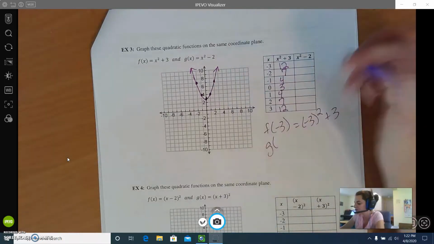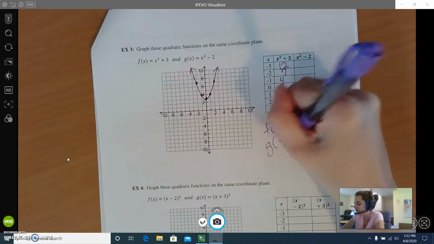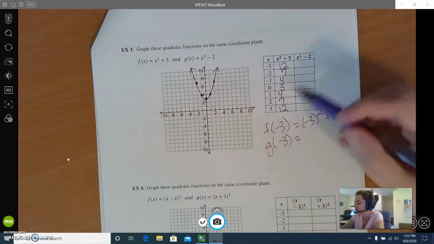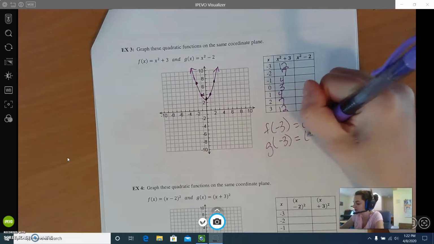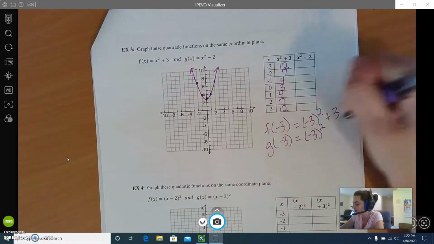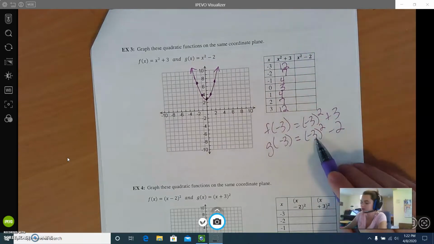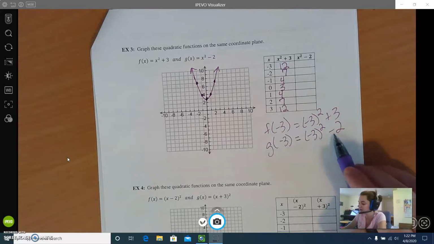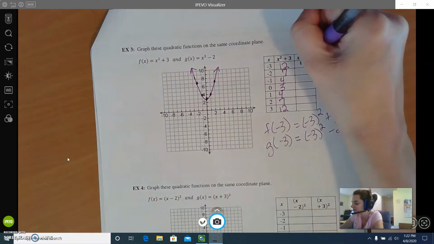So g of -3, just to show you what we're doing here, I would substitute that in and do -3 squared minus 2. So -3 squared is 9, and 9 minus 2 is 7.